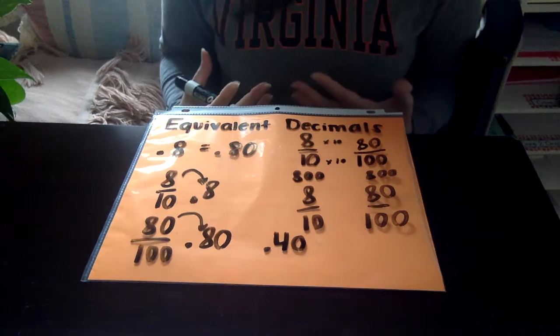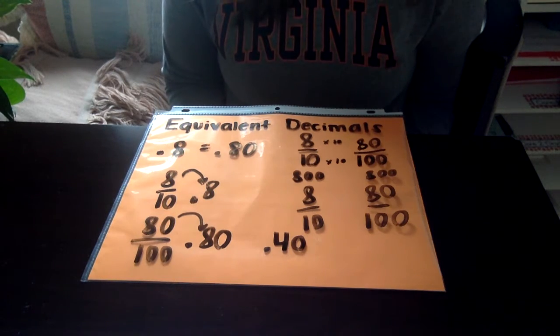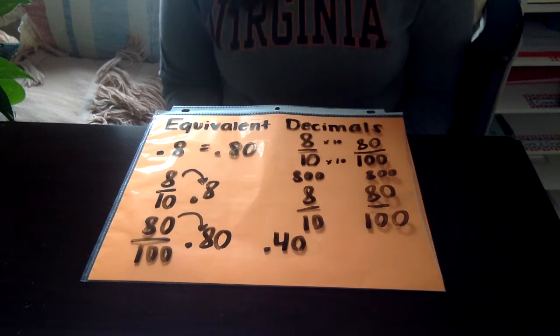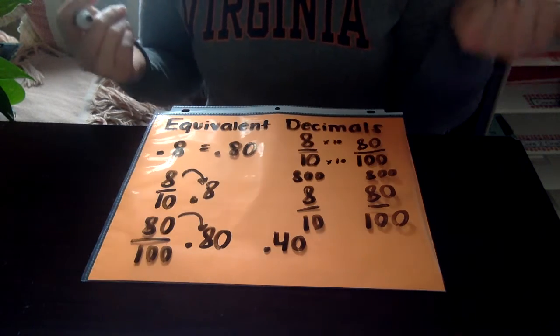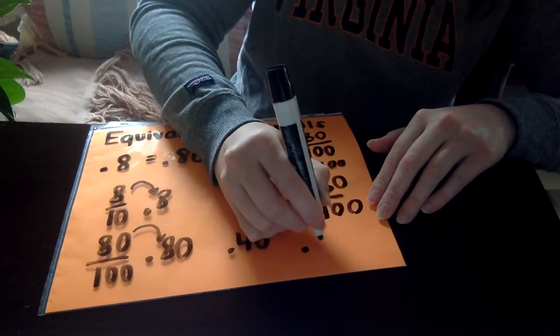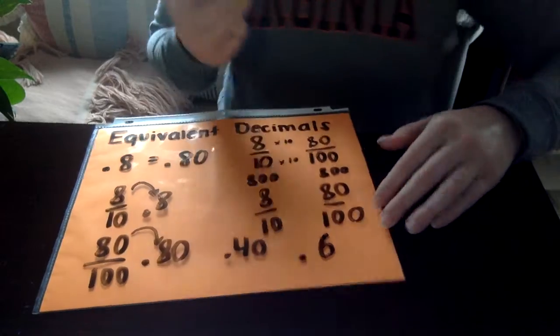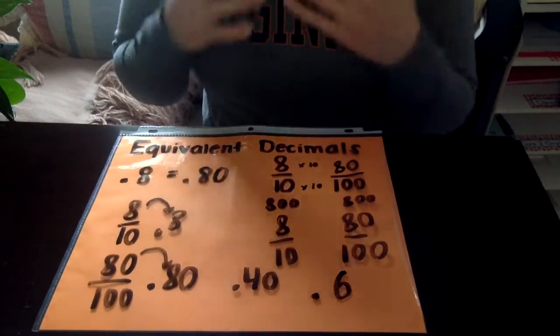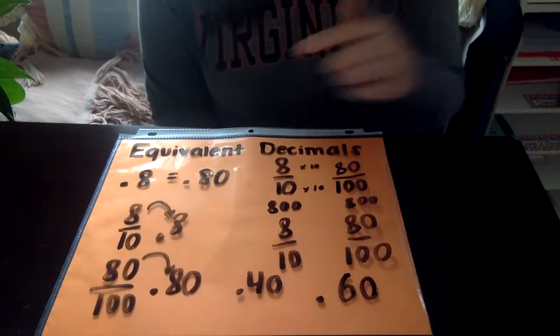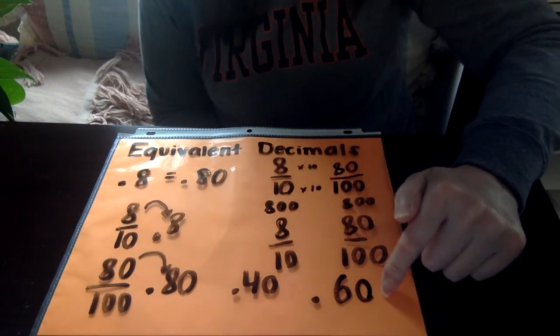This is going to be really helpful when we go to compare decimals and to order decimals. We are going to need to know that we just have that simple fix of adding that 0 behind. The same is going to be true for something like 6/10. If I wanted to find an equivalent that's in the hundredths, I simply add a 0 behind it. 6/10 has the same value as 60 hundredths.